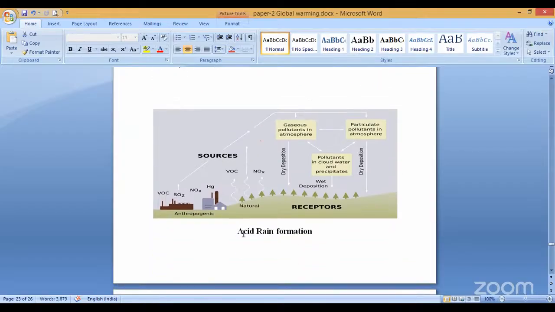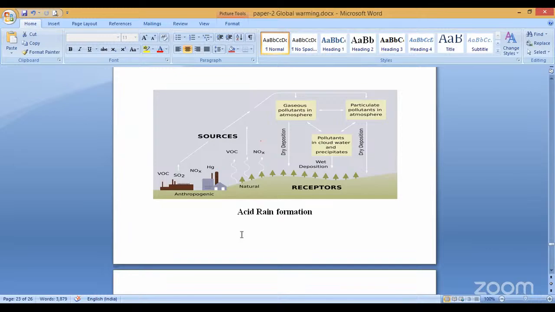Now, how will acid rain be formed? What are the volatile organic compounds and the nitrogen compounds? Up to 2 to 3% is contributed by nature, and what are the volcanic eruptions which can take place.